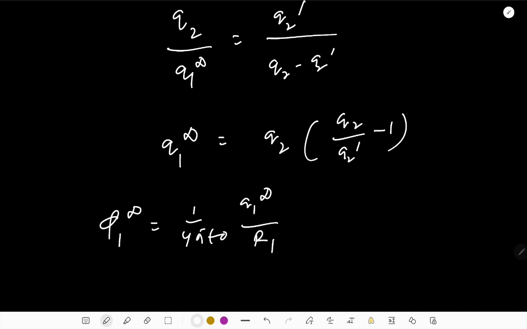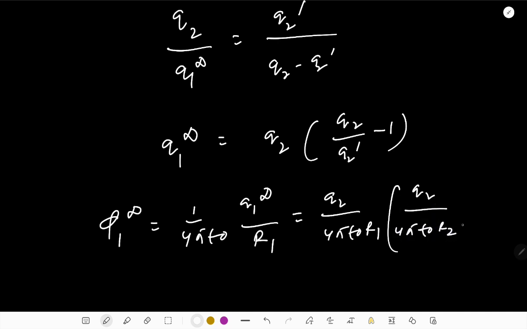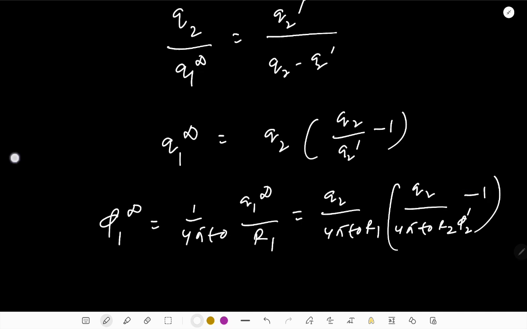After putting the value of q1 infinity, we get q2 by 4 pi epsilon naught r1 times q2 by 4 pi epsilon naught r2 phi dash 2 minus 1.